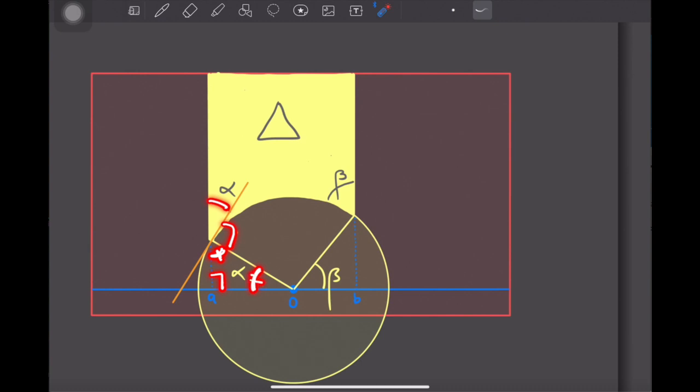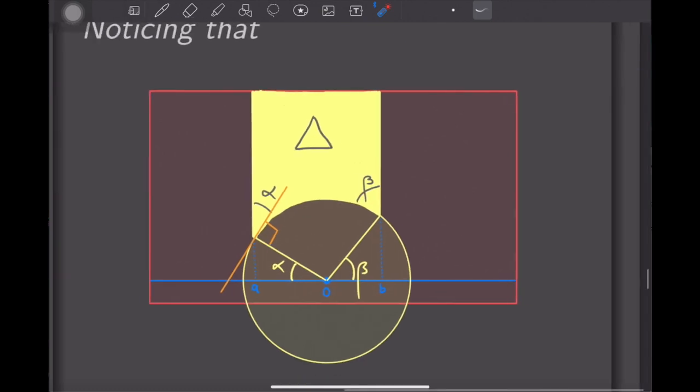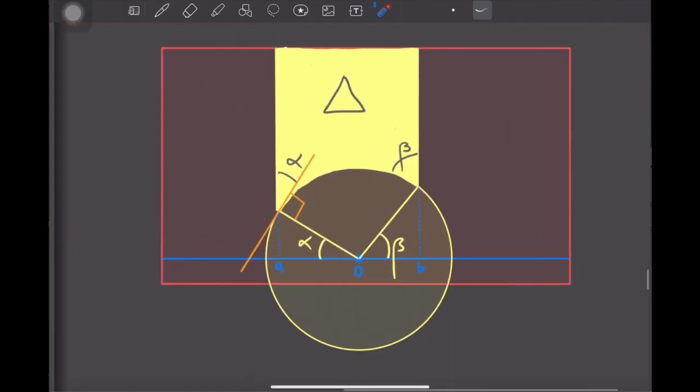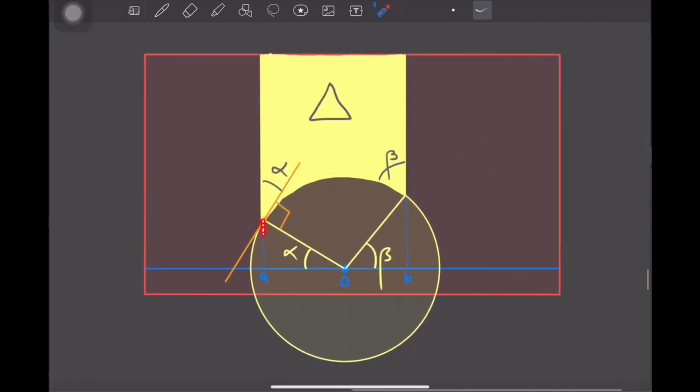So this one has to be equal to this one, and similarly for beta. We project, and let's call the x coordinate A, and the other x coordinate B.